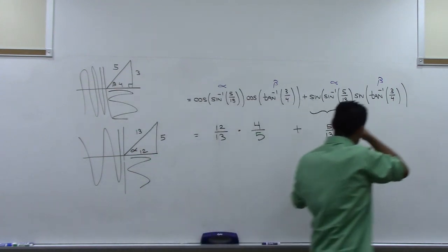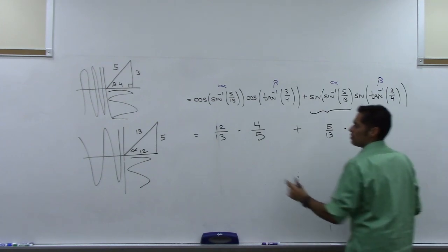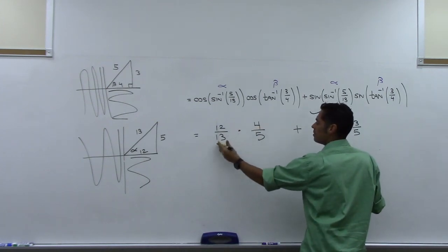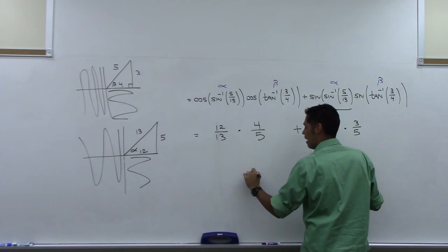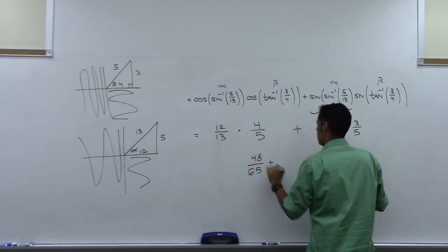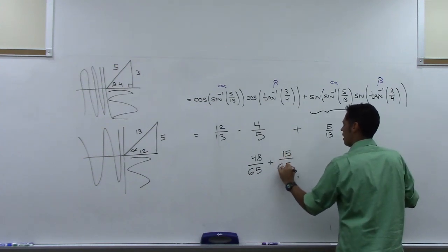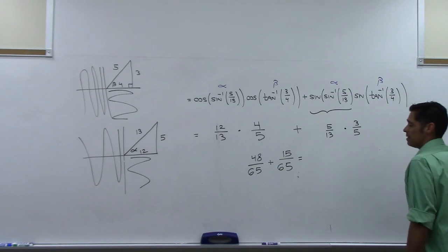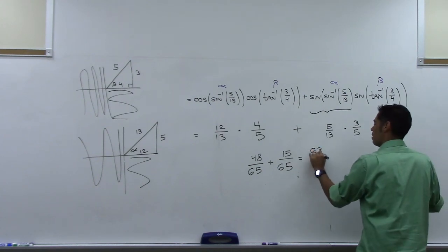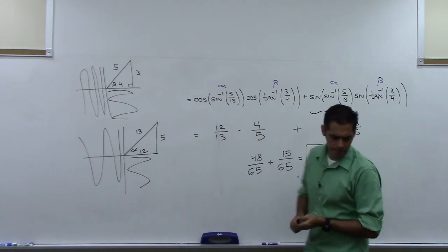So that's going to be 3/5. So when we multiply across here, 65 on the bottom, and on the top, 48. Plus here, 15 over 65 again. So 63 over 65. There we go.